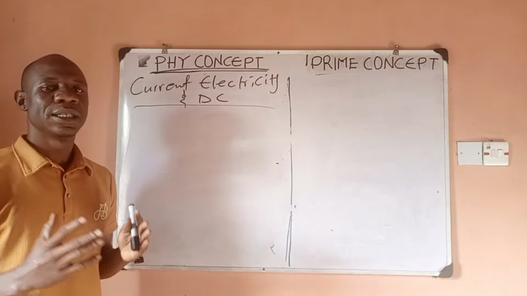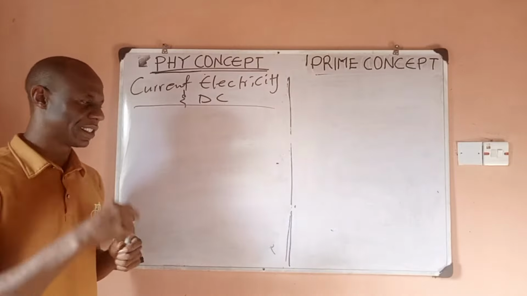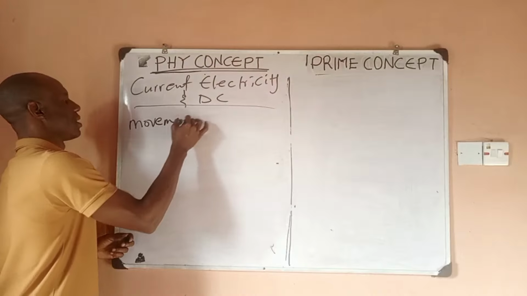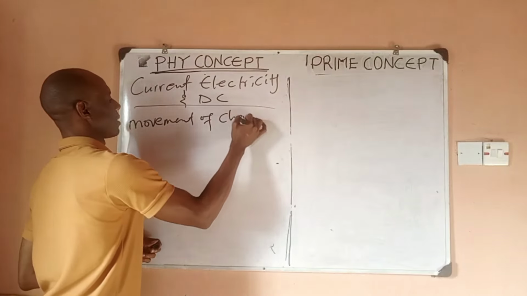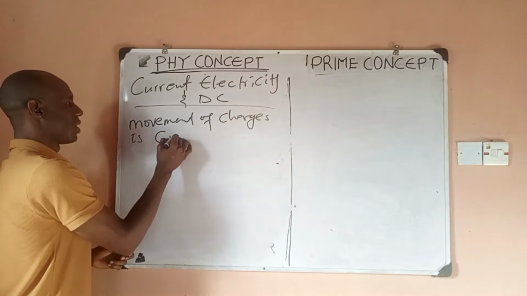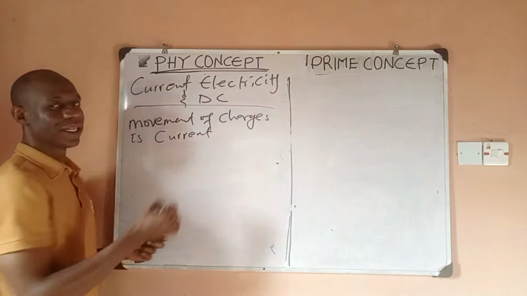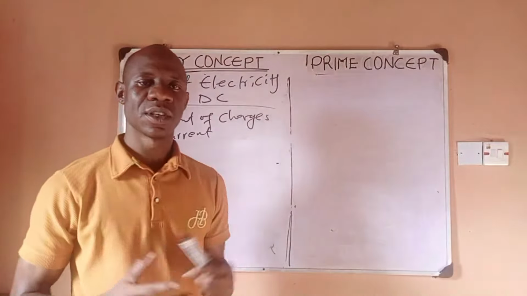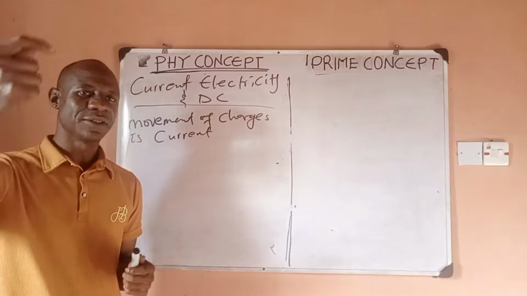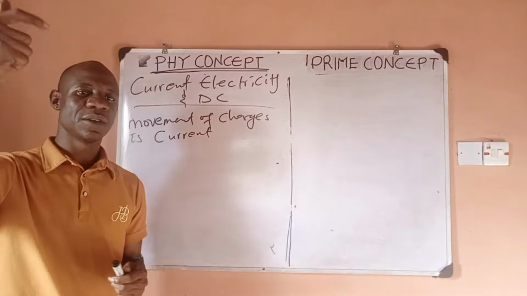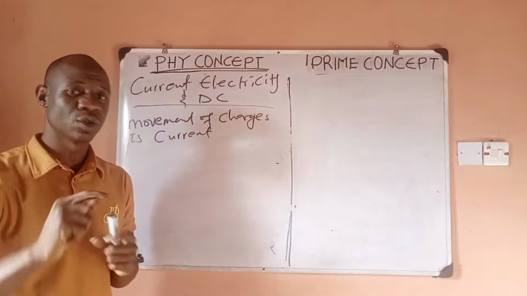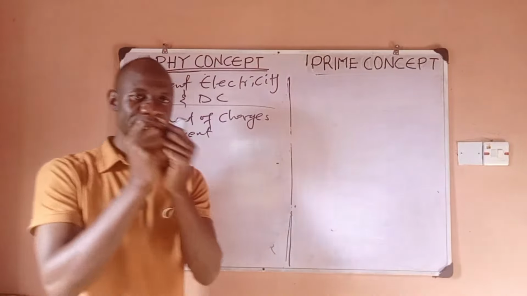Now, when you say moving charges, movement of charges is actually known as current. Movement of charge is known as what? Current. So if we want to define current, we would say that current is a result of the movement of what? Charges.